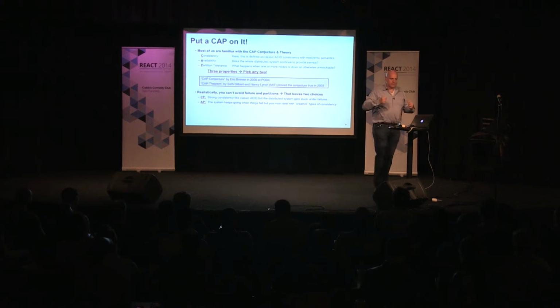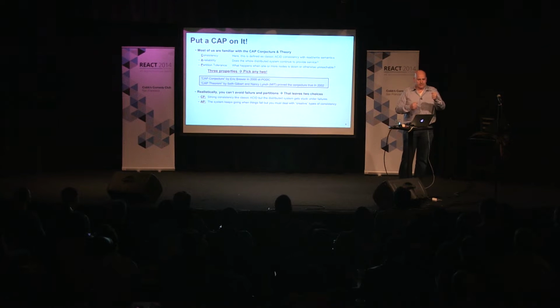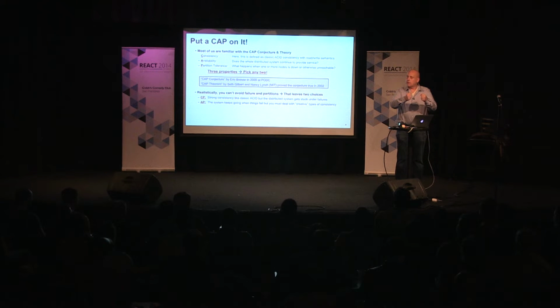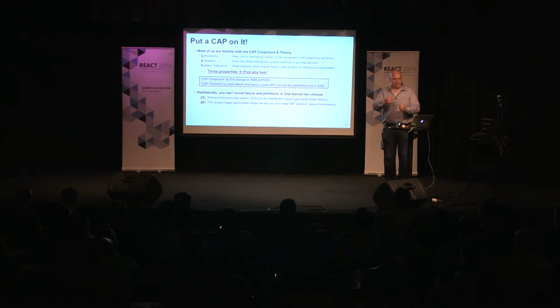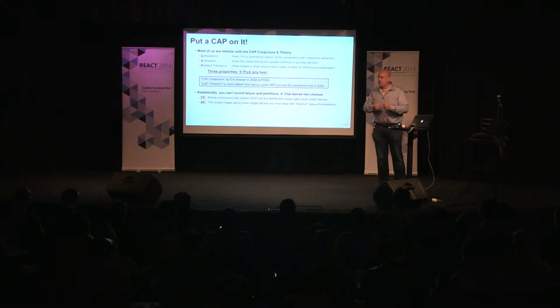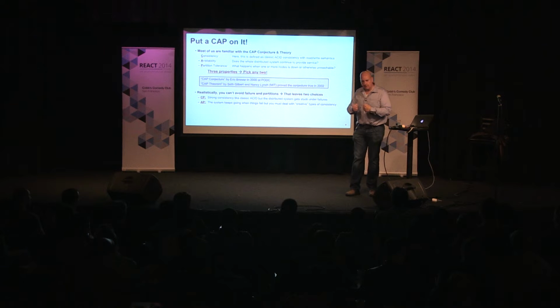You have 2 choices. You have consistent and partition tolerant, but when you lose one, you stop, okay? Or you have availability and partition tolerance. When you're normally running, you must deal with the fact that you get weird, funky answers, okay? And we have to define ways to rationalize what happens with those funky answers.